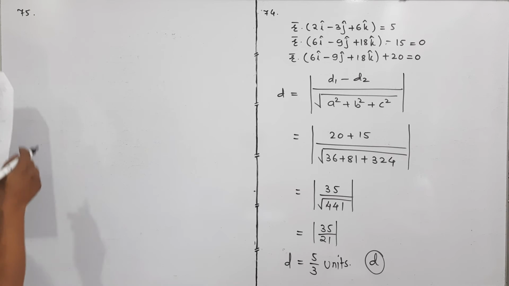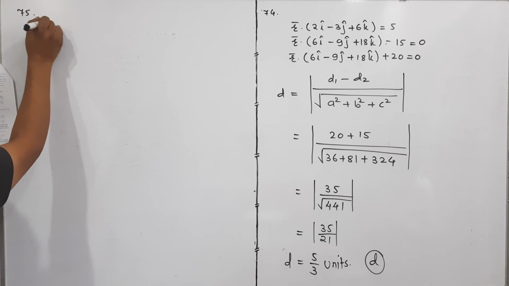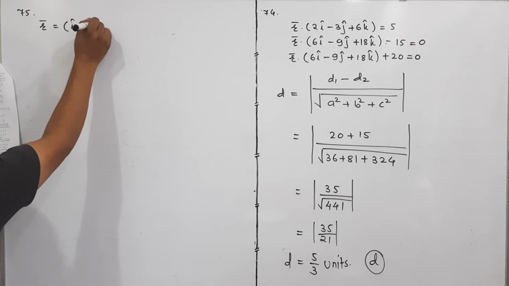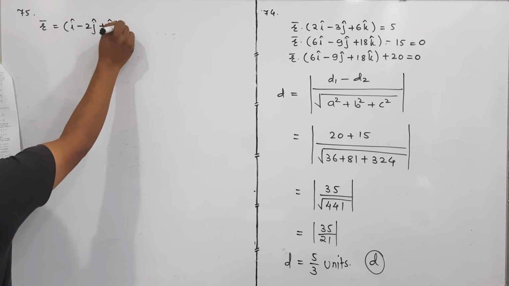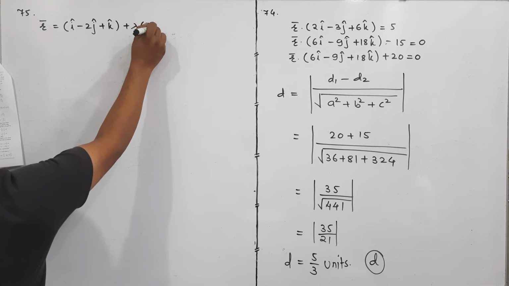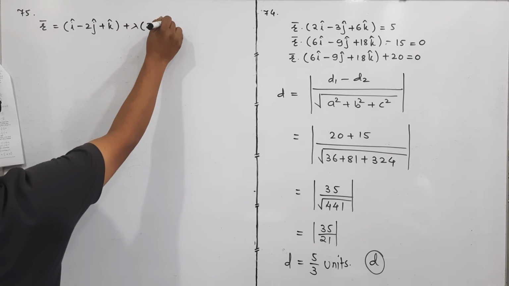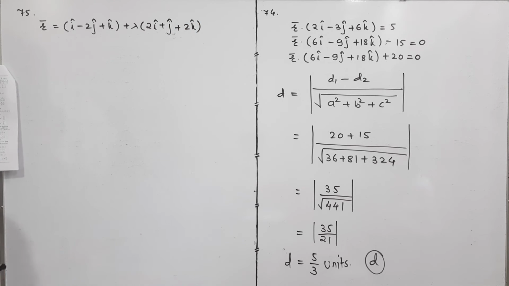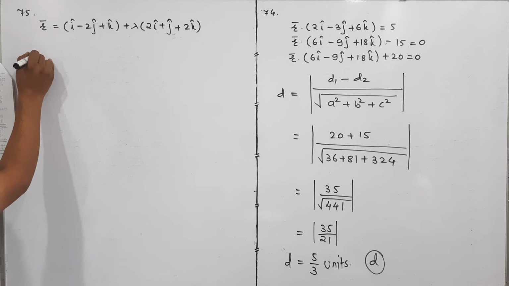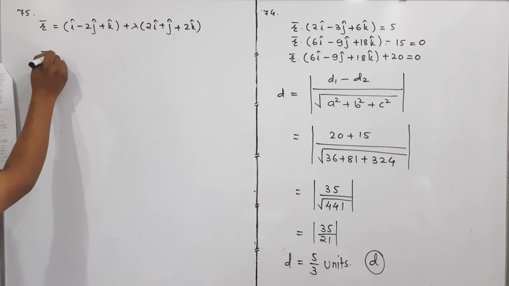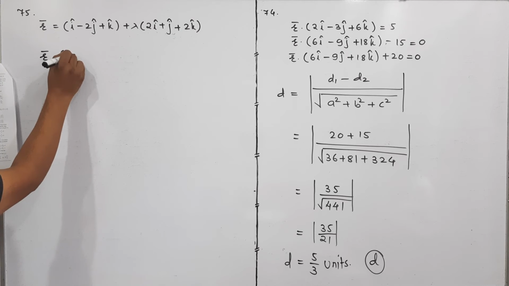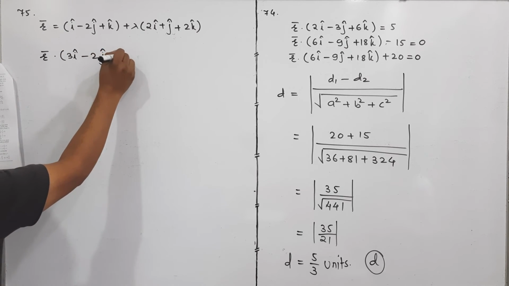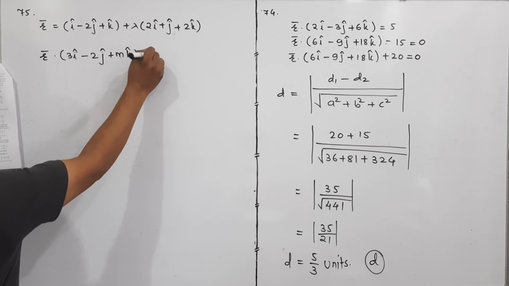If the line r vector is equal to i cap minus 2j cap plus k cap plus lambda into 2i cap plus j cap plus 2k cap is parallel to the plane r vector dot 3i cap minus 2j cap plus mk cap is equal to 40.